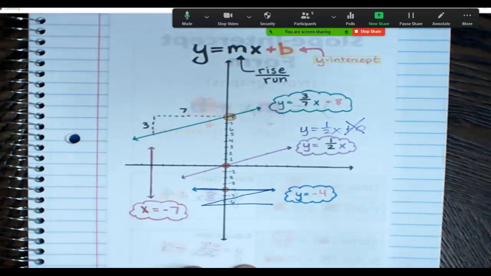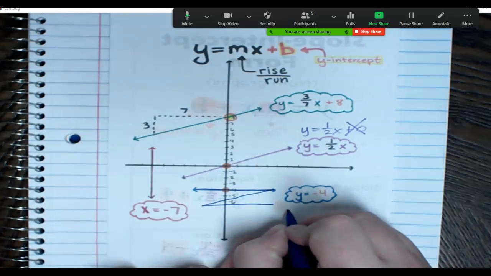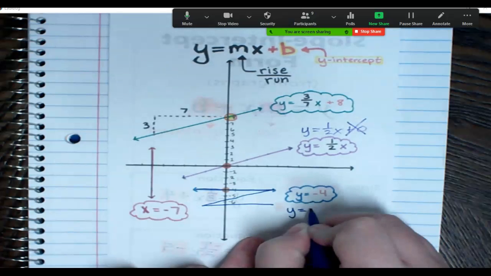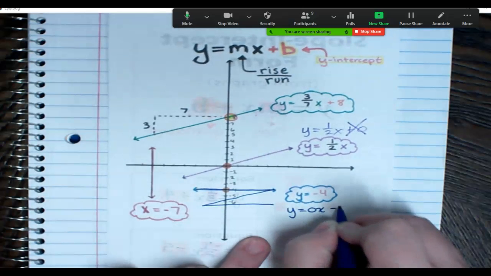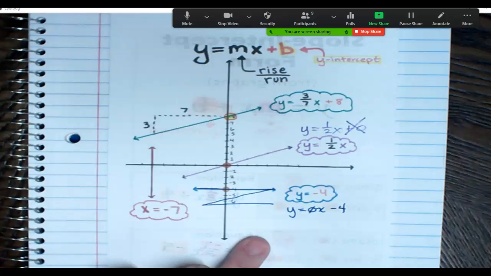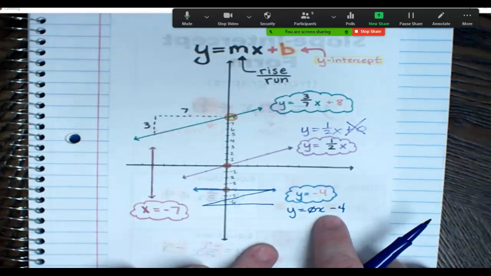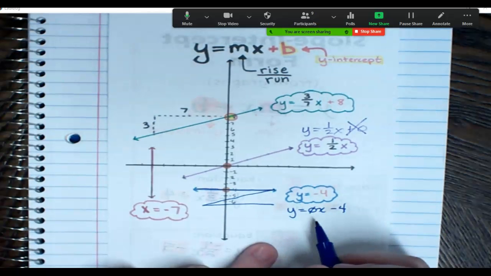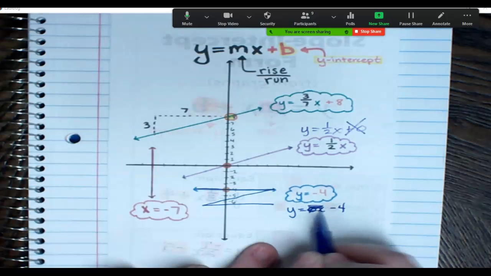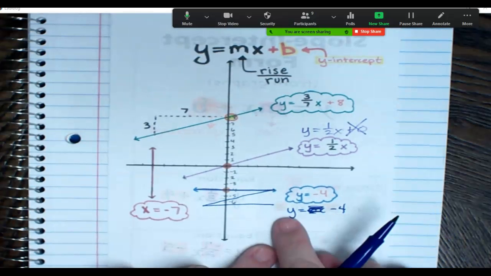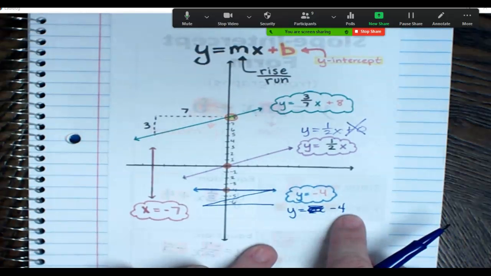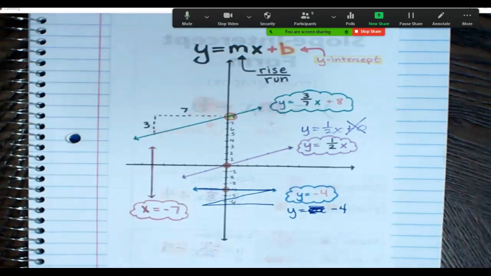Well, let's rewrite the equation and put in our 0 slope. So if I rewrote it, y equals 0x minus 4. Well, that means 0 times x, right? 0 times the value of x. Well, what's 0 times anything? 0. Do I need to keep it if it's 0? No. So they just dropped it. Y is equal to negative 4. So all they did was just drop it out. Took it away, because I don't need it.